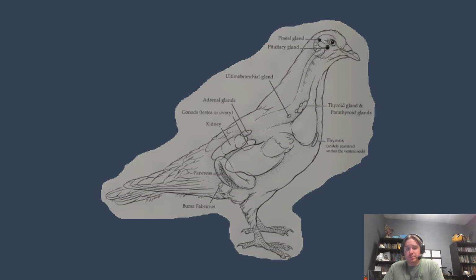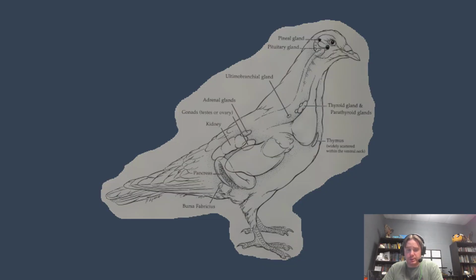The thymus and the bursa of Fabricius. These two glands both kind of do the same thing. They both regulate cell production and cell behavior within the immune system. So they sort of regulate the immune system. But in particular, the bursa fabricius, as a bird ages, atrophies completely and goes away.